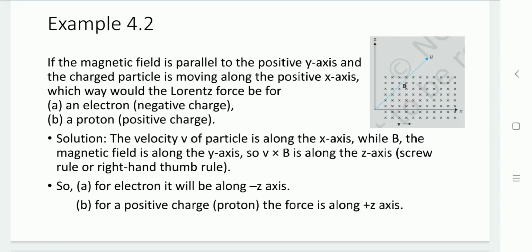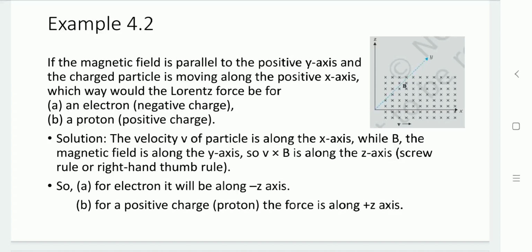Now, as we know, V cross B should be present. The charge is moving along x, and the magnetic field is along y. So the Lorentz force must be perpendicular to both, so it must be in the z direction, by the cross product of V cross B using the right-hand thumb rule.